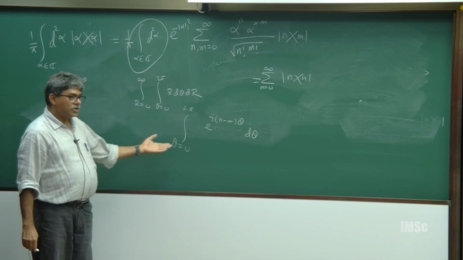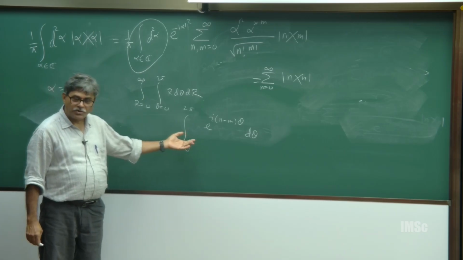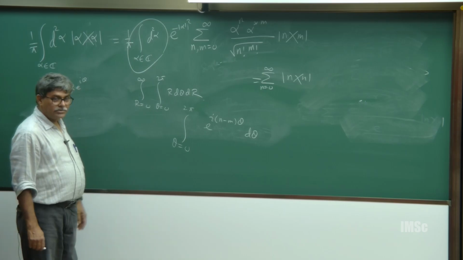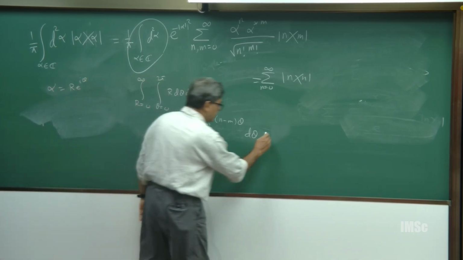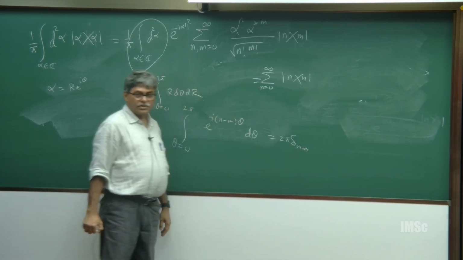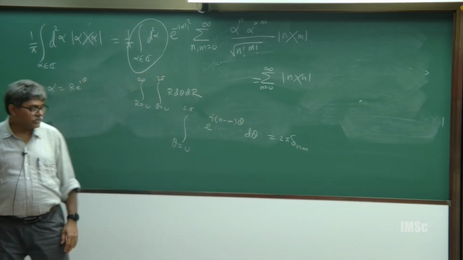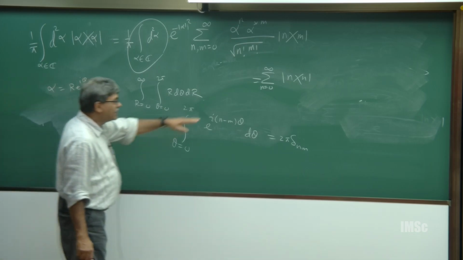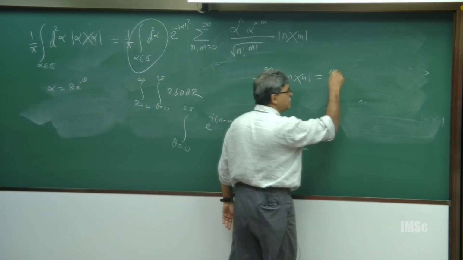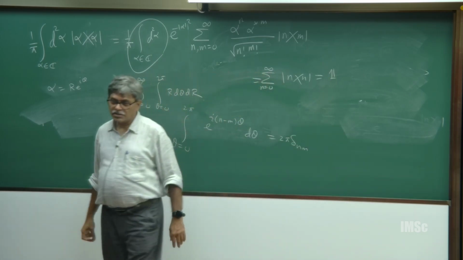What will be the value of this? Now, what is this? This is the identity operator on the entire Hilbert space.